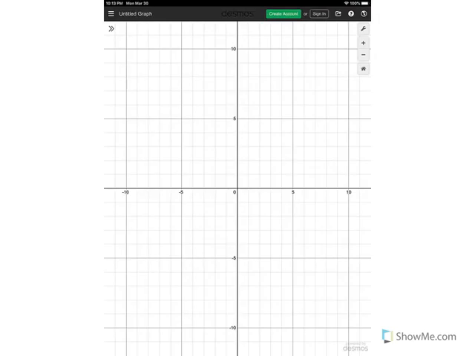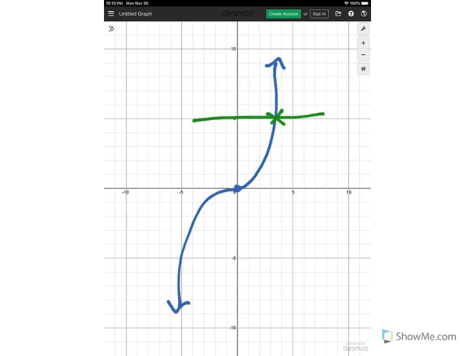Okay? Let's look at another picture. What about our cubing function? So again, if we were going to do the horizontal line test, it doesn't matter where you do that horizontal line, it's only going to hit your picture one time.